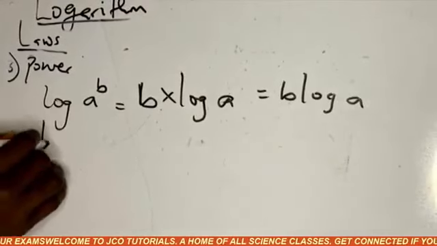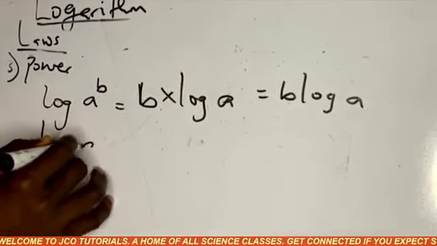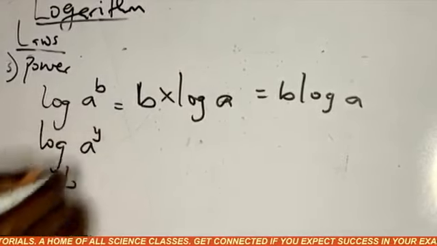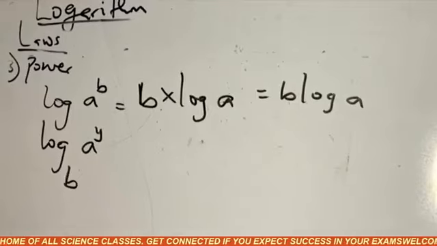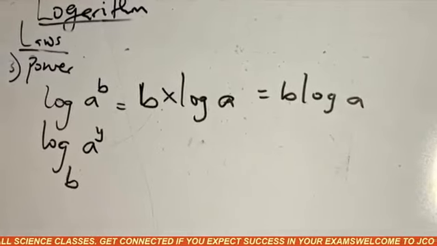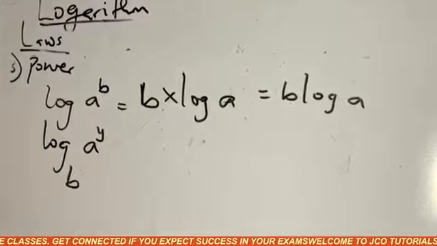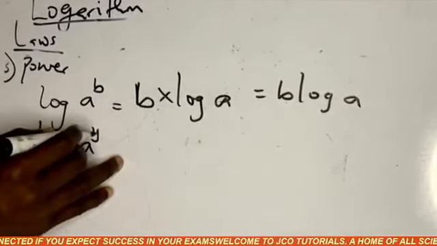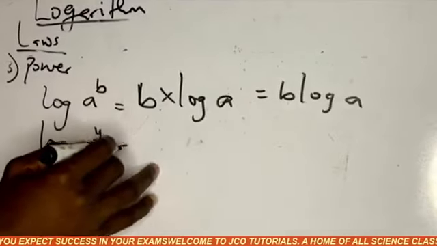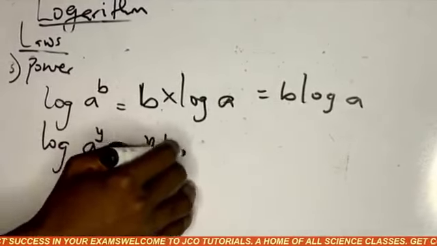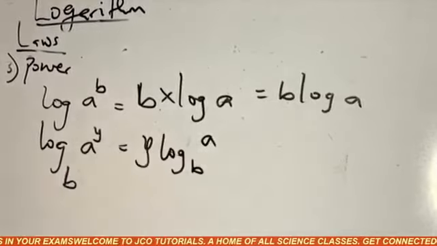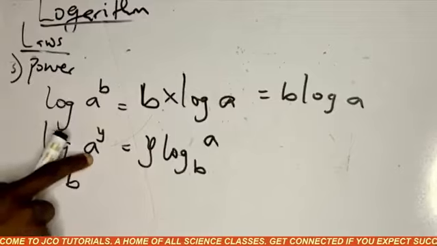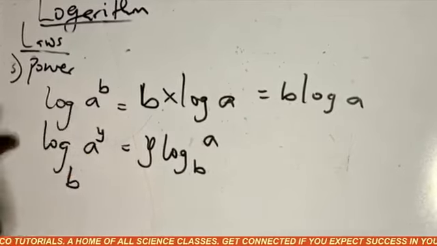What if I have log a base b, but that a is raised to power y? Watch it now, because this is very, very sensitive. Once I know the laws, then I can begin to deal with some problems. This power here comes to the back, it becomes y log a base b. That y has gone to the back to multiply the log a base b. Once it moves to the back, it's no longer there.